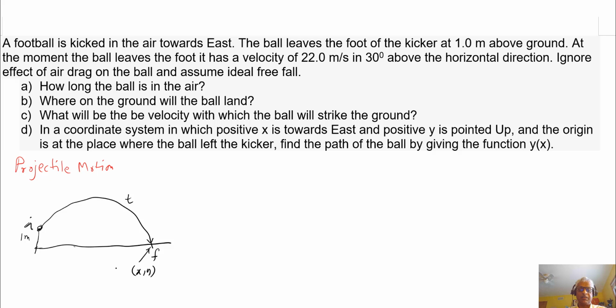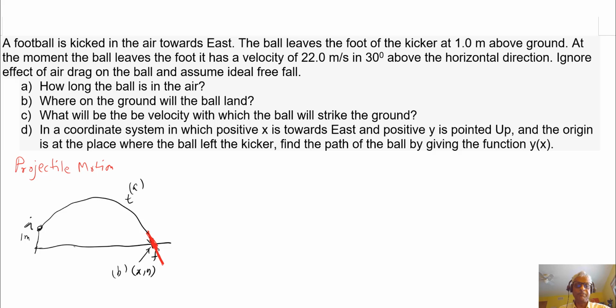Normally students like to pick a coordinate system with the origin here, like this. But I find then you have to carry xi and yi with you.